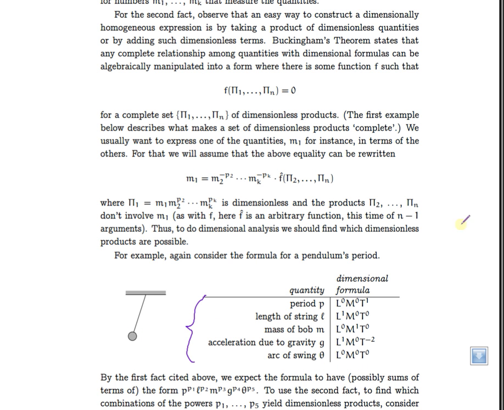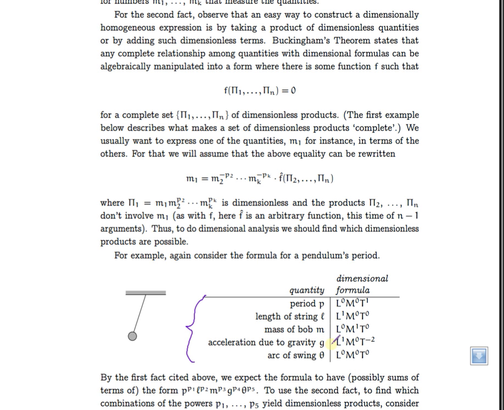Now, in order to get something that gives me this dimensional formula, L to the 0, M to the 0, T to the 1, if I look down this list, the only quantity that has T in it is the acceleration of gravity, g. So I'd better have a factor of g in my equation.